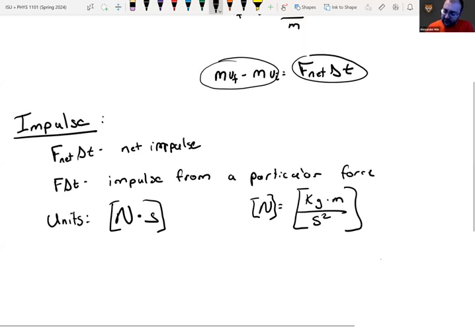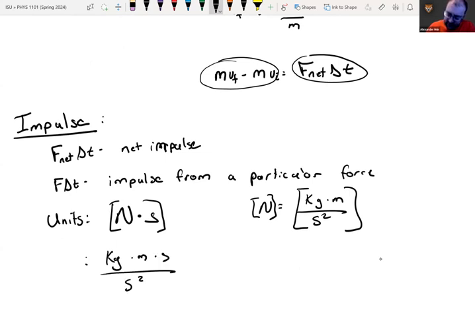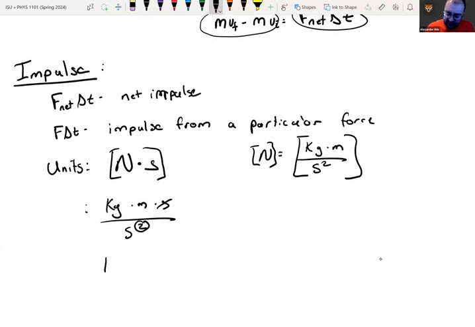So an alternative unit for impulse would be kilogram meters seconds per second squared, and then you can cancel one of the seconds. So the units are also kilogram meters per second.